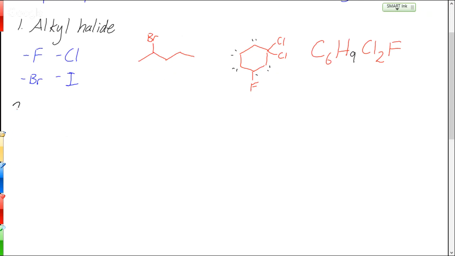All right, our second class we've also seen, and that's the alkenes. Alkenes are double bonds. So these are structures like, well, the simplest one is like that.